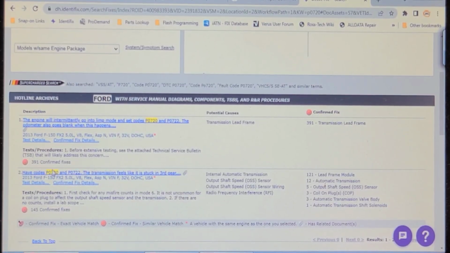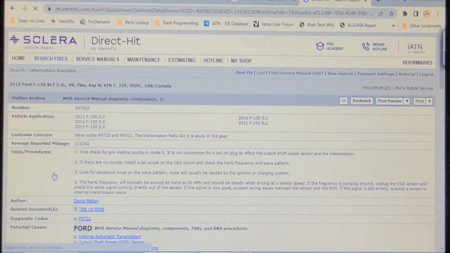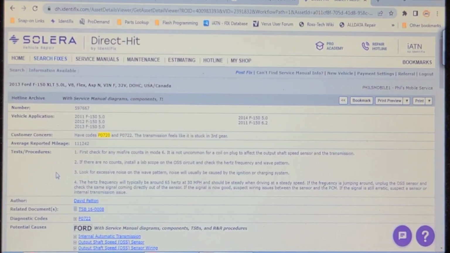So they're saying that a bad ignition coil can cause RFI, radio frequency interference, that can affect the speed signal. Install a lab scope on the output shaft speed circuit and check for hertz frequency and wave pattern. Look for excessive noise on the waveform. Noise will usually be caused by ignition or charging system.